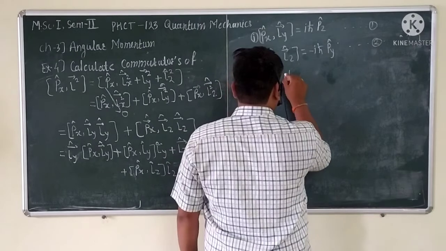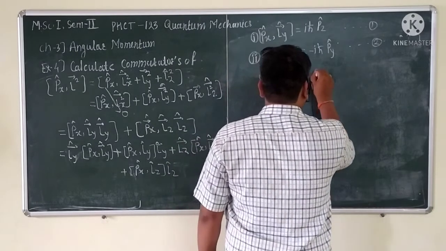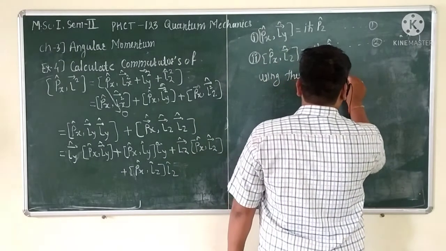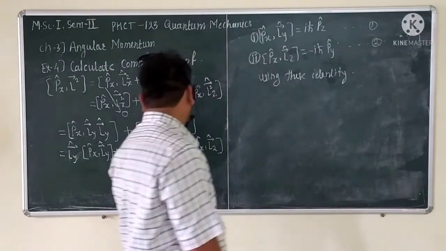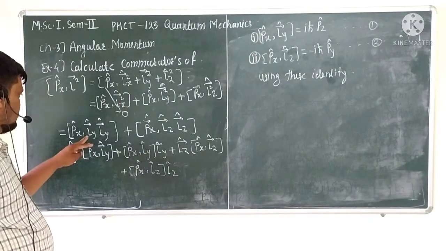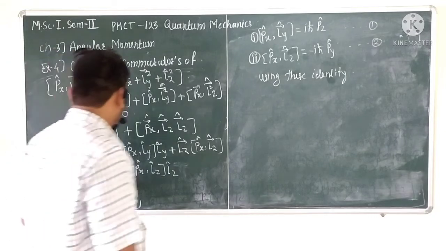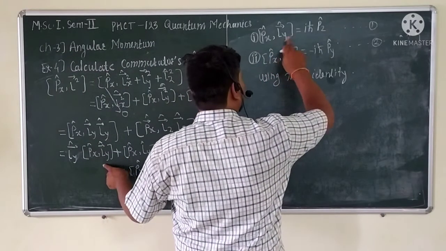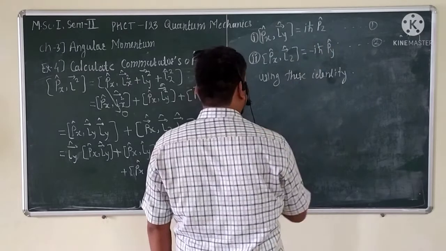Using this identity, we have to solve out this bracket, which is considered as this Ly taken outside, and this [Px, Ly] is the minus iħ Pz.